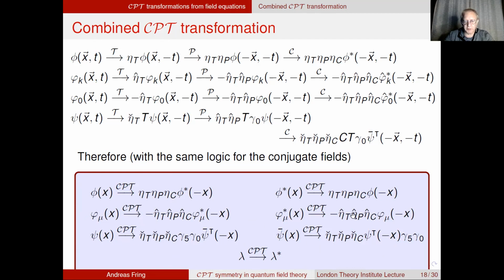So for the spin 1 fields, you see here, despite the fact that in between we pick up minus signs in different ways. So here for the spin 1 field time component, we pick up a minus sign from the time reversal, whereas for the space component, we pick up the minus sign from the parity transformation. But in the end, there's an overall minus sign. So in this blue box, I combined them again together.